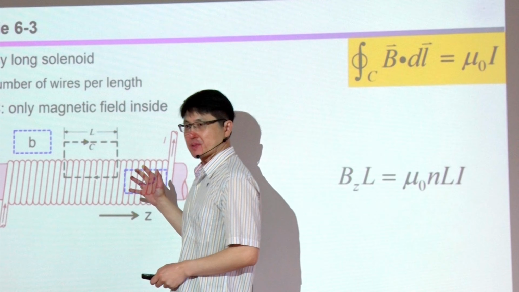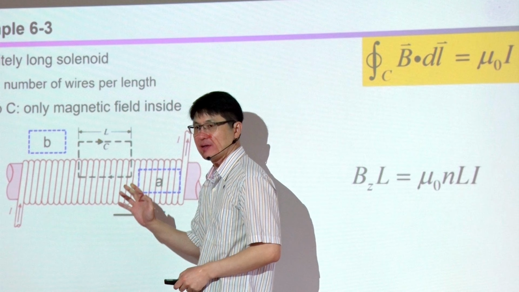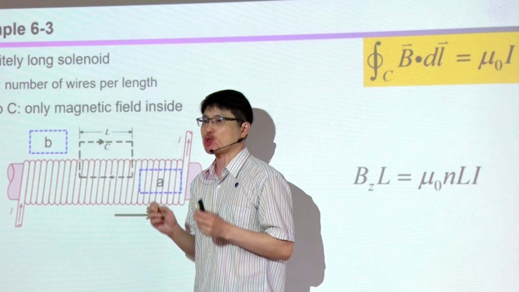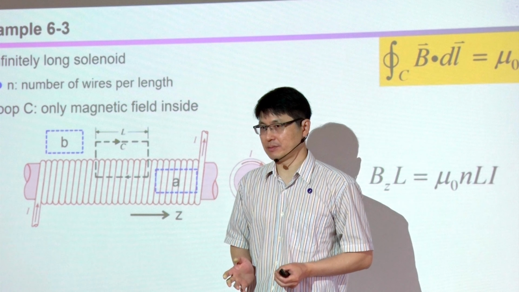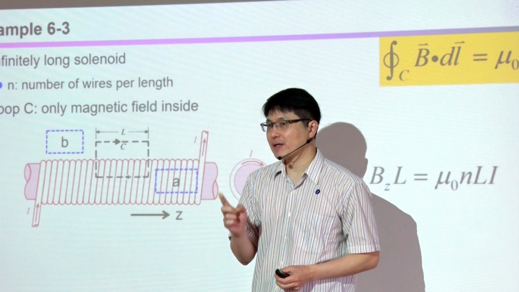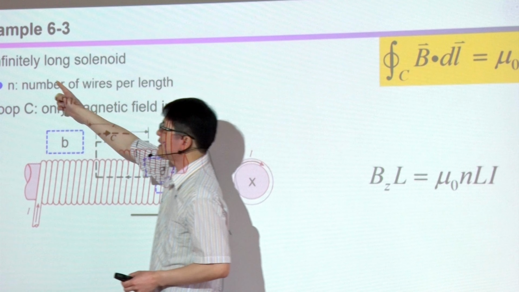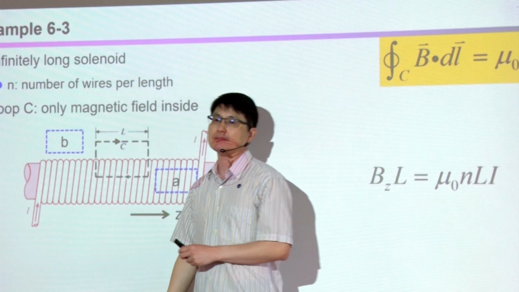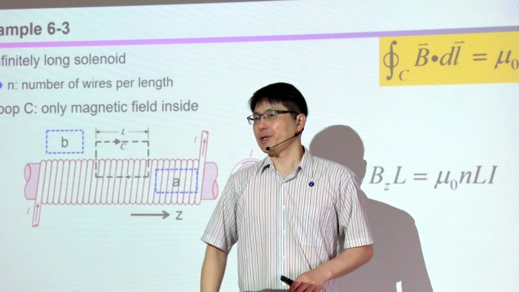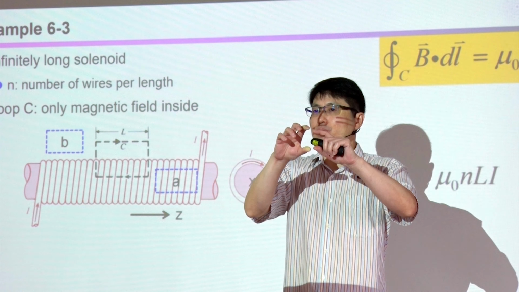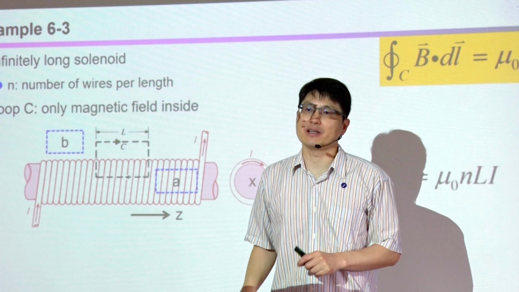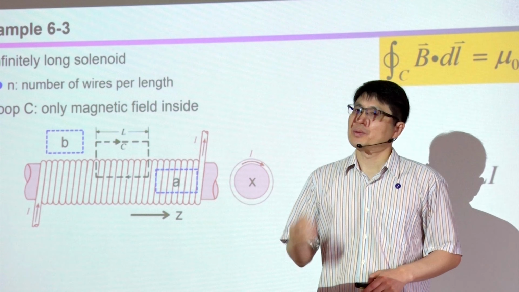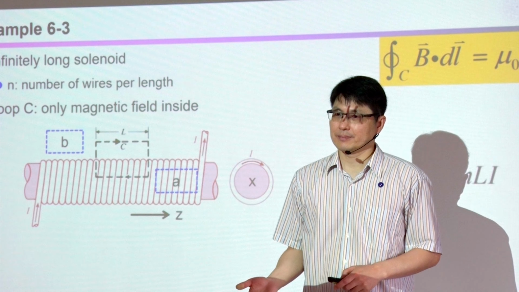The problems we're working with are extremely impractical, extremely ideal. So the magic word comes to infinite. Currently, we're assuming the solenoid is infinitely long. Okay? Infinitely long. What does that tell you?